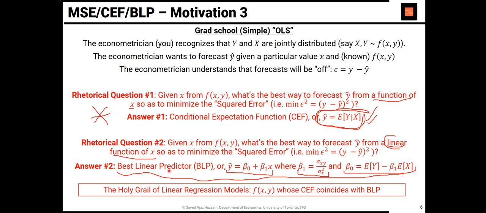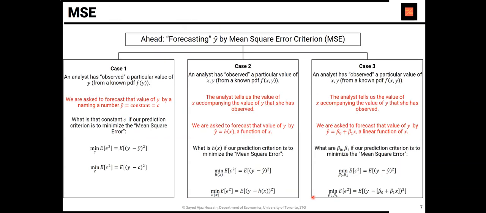Another way to understand this is: when you run a linear regression, but the underlying conditional expectation function is non-linear, then OLS is horribly off. But if you run OLS on something where behind the scenes the conditional expectation function is in fact linear, boom, you have hit the holy grail. This is the best thing you can actually hope for. Well, let's see when this happens.